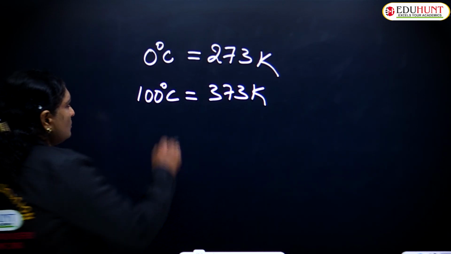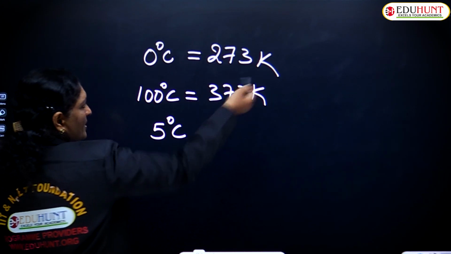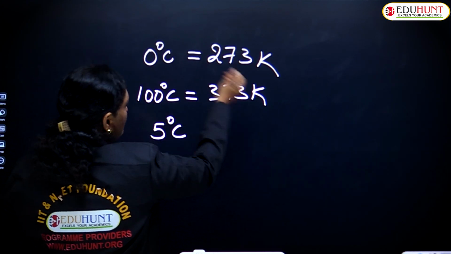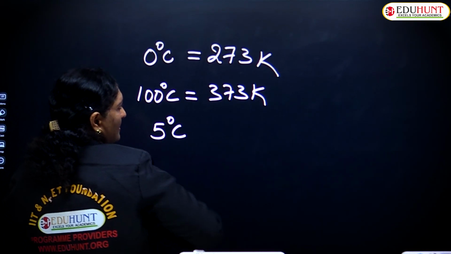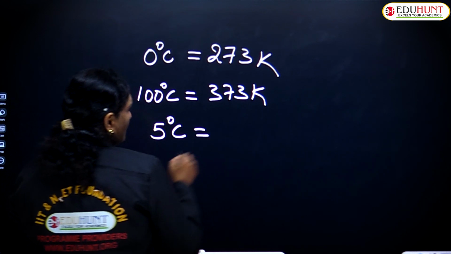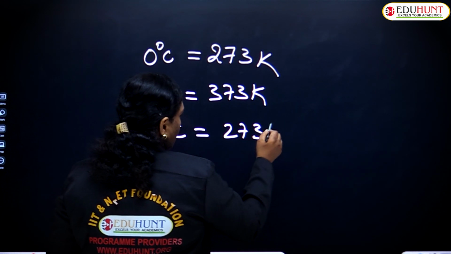Suppose you would like to measure 5 degrees Celsius, then how much would it be on the Kelvin scale? So 0 means 273. 0 plus 100 is 100, so 273 plus 100 is 373. So 5 degrees Celsius is equal to 273.